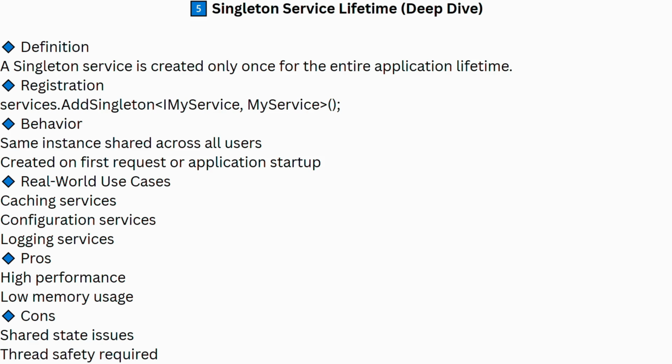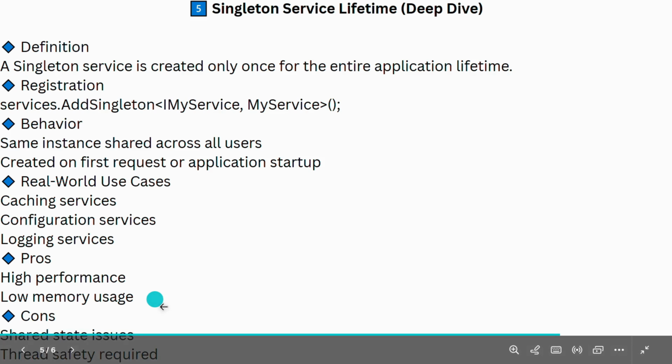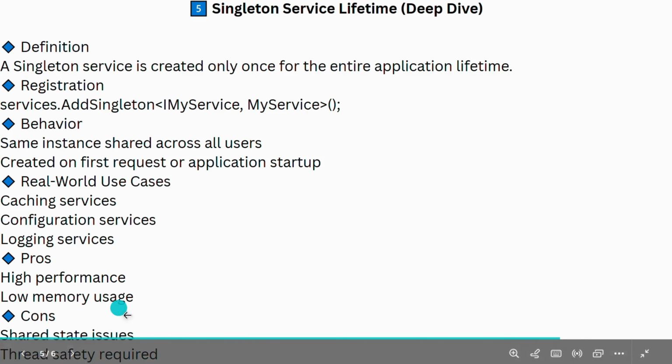So that makes the performance high. And it is also stored in the heap memory. That means long-lived memory, so it is cleaned when the application shuts down. Otherwise it will reference that particular object in the heap memory. Low memory use: a single object is there, so definitely there will be low memory use.